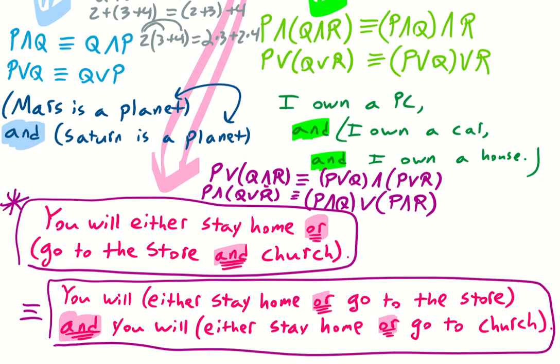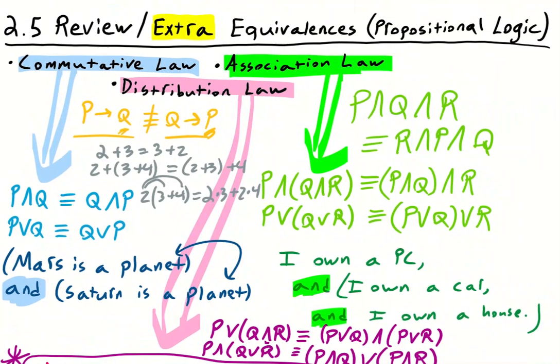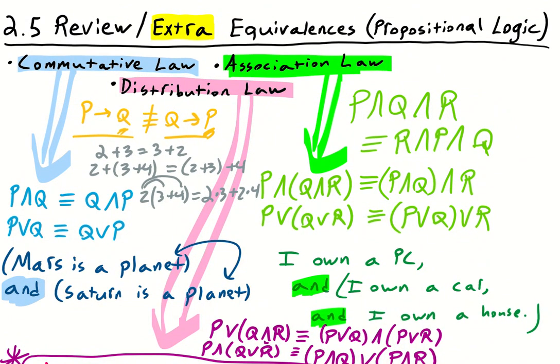So if the first sentence is true, the second sentence will be true and vice versa. Clearly distribution is more complicated than the other ones, but if you think about it, they are equivalent, and it's pretty neat. So we have distribution, we have the association law, and we have the commutative law, and they do come in handy with complicated proofs in propositional logic and in other logic such as predicate logic.